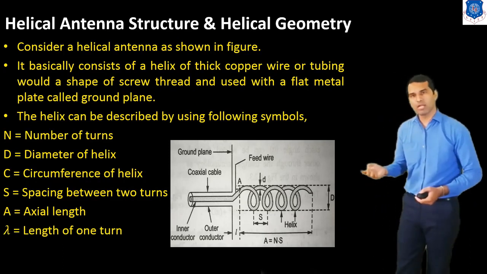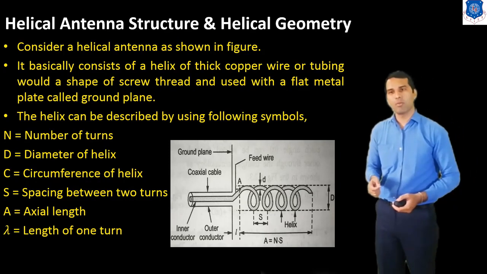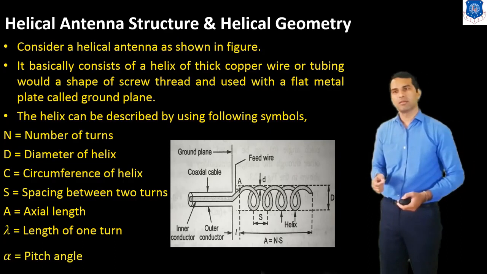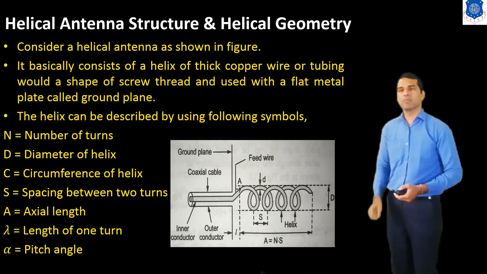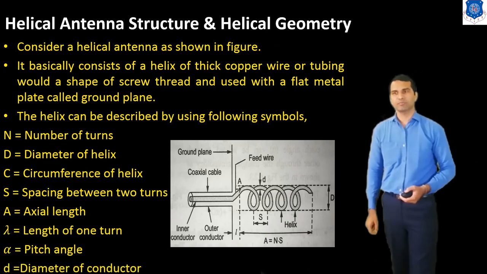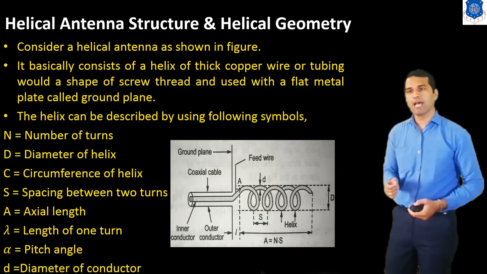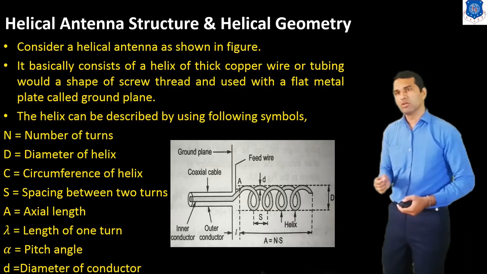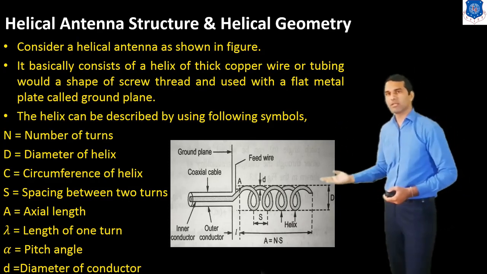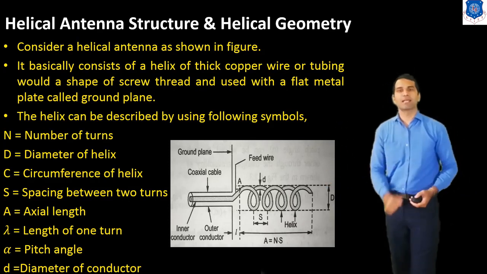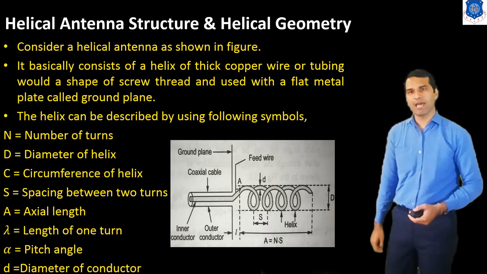Then L, we know, is the length of one turn. And alpha is the pitch angle. And the last, small d, indicates the diameter of the conductor. So these symbols are used to represent the helical antenna, or we can say the helix geometry.